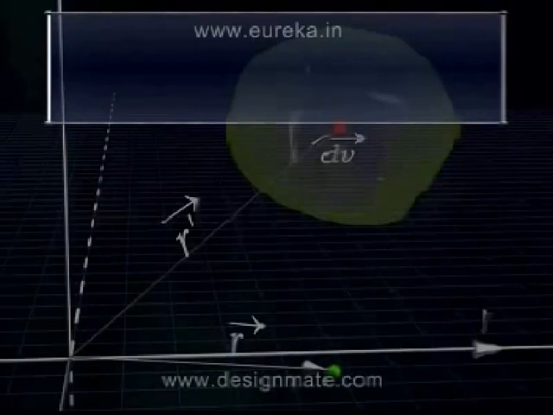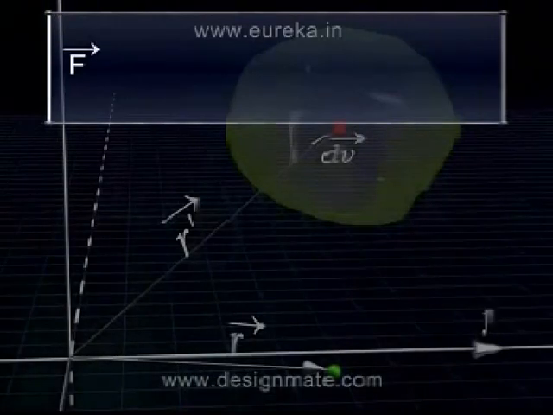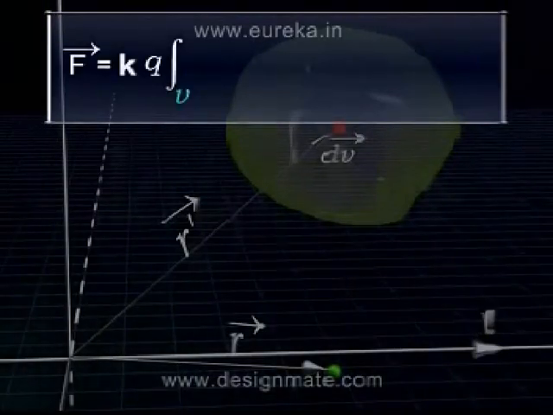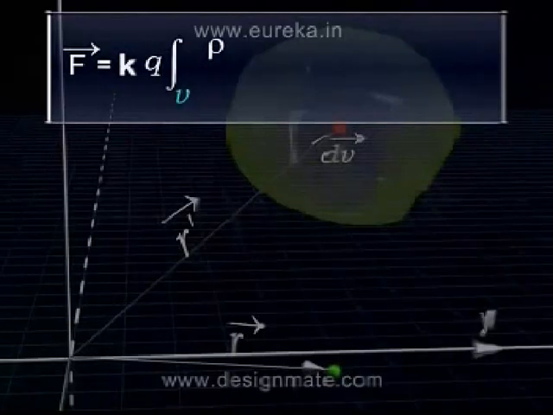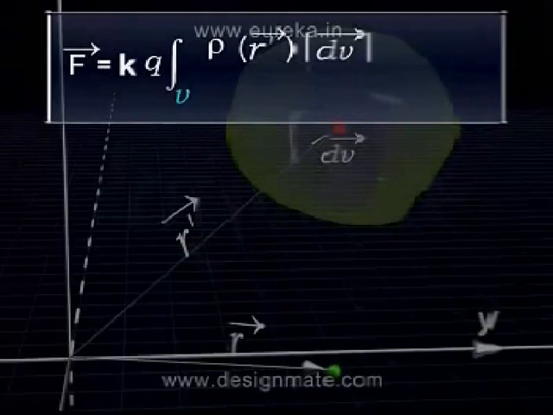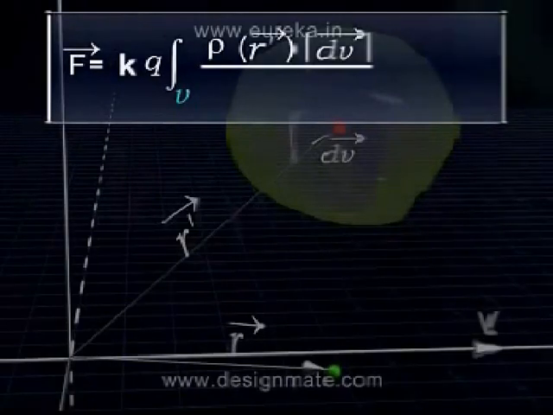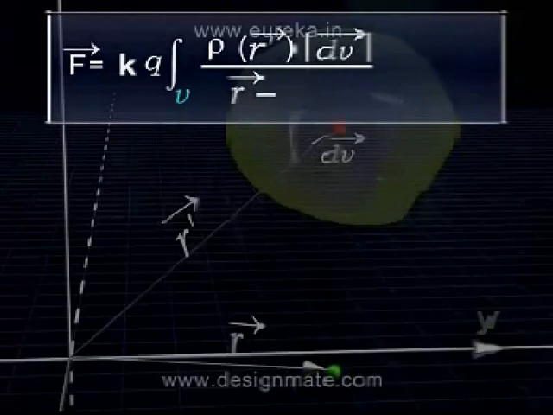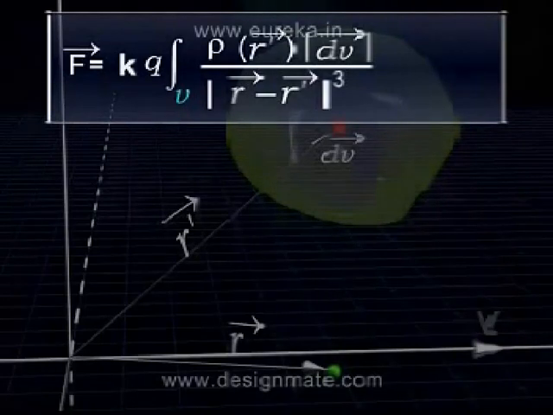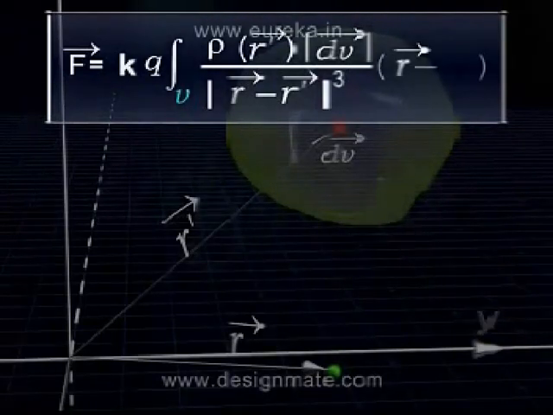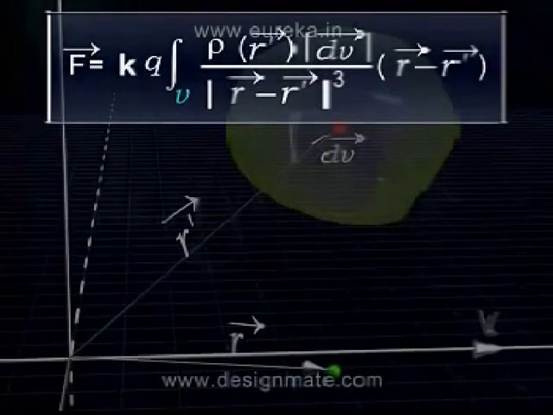We have vector F is equal to kq integral over V of rho of vector r' into modulus of vector dV upon modulus of vector r minus vector r' cube into vector r minus vector r'.